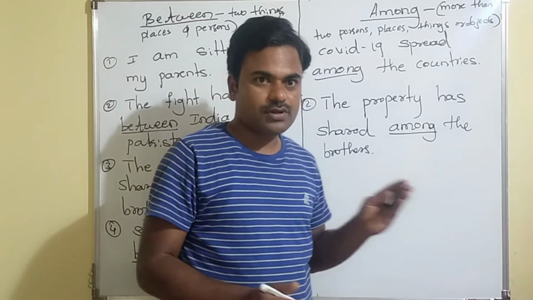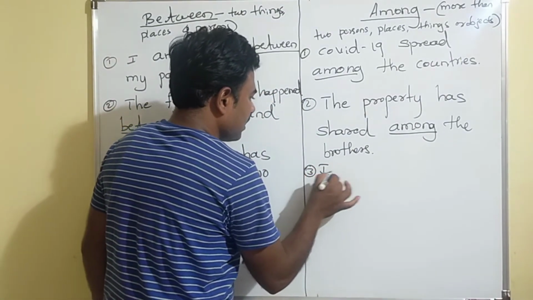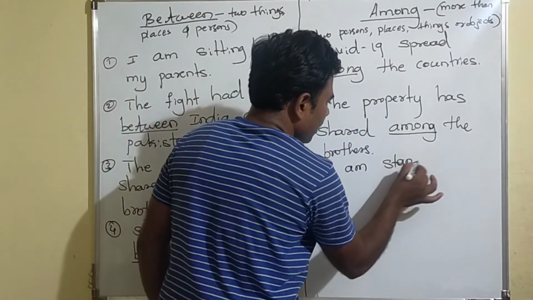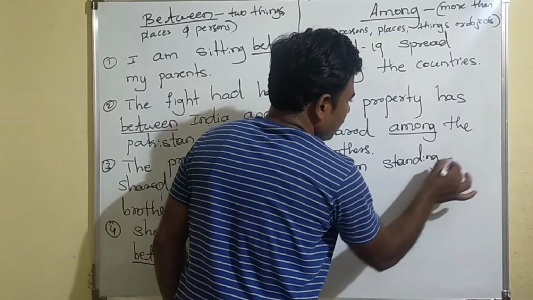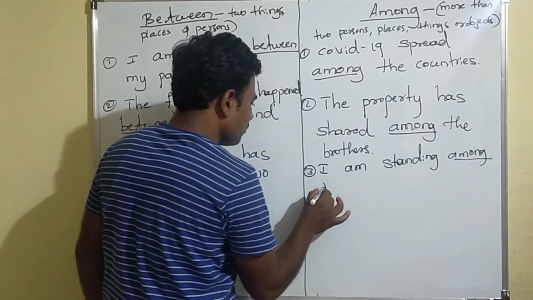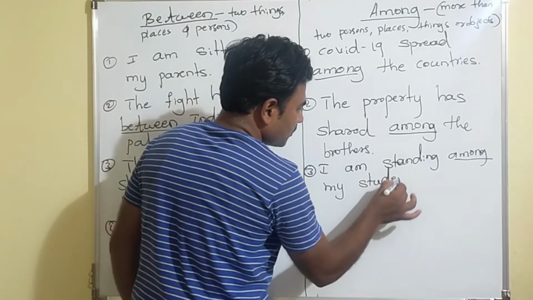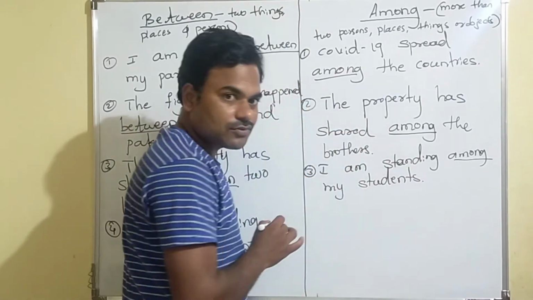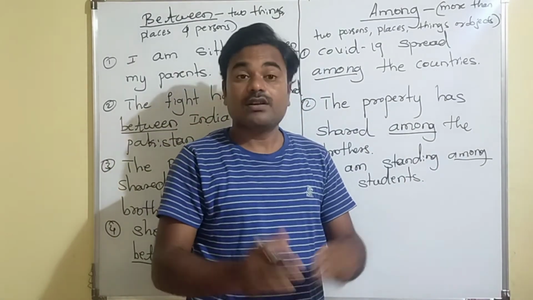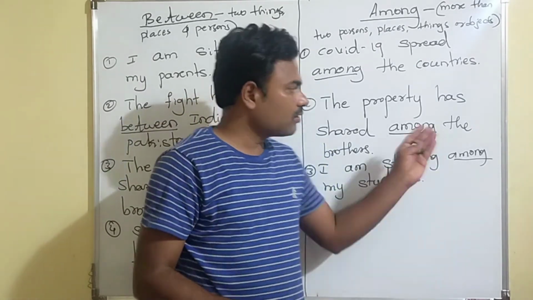That time we use among. Another example, I am standing among my students. Among my students. The students are innumerable. A number of students are standing around me, that time we use among.